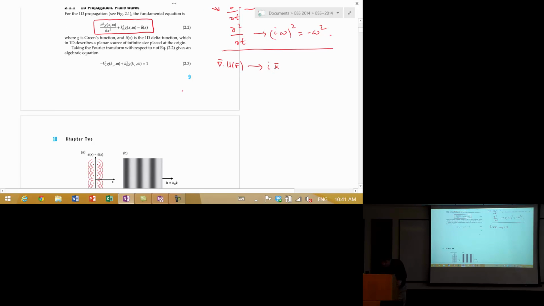In the frequency domain it becomes i k times u of k. If I do this twice, it will become i k vector times i k vector. It will become minus k times k, which is k squared.